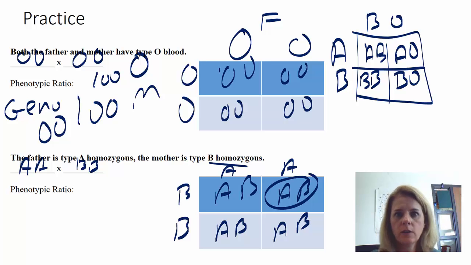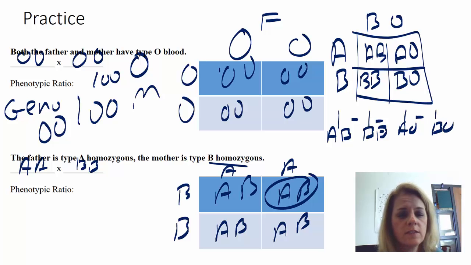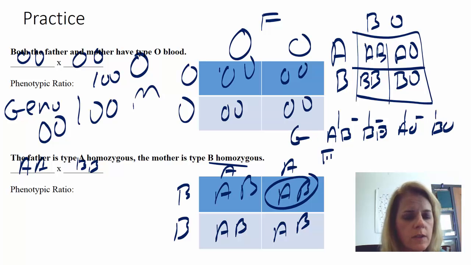All right, wow, so our children could have all types of blood. So let's see, the genotypic ratio would be 1 to 1 to 1 to 1. So you would have AB to BB to AO to BO. That's the genotype. What's the phenotypic ratio?